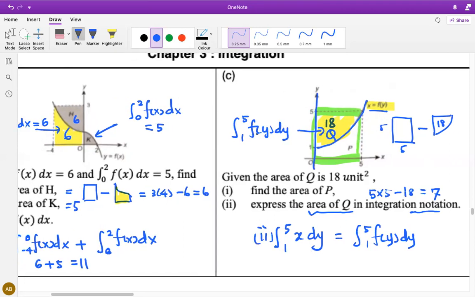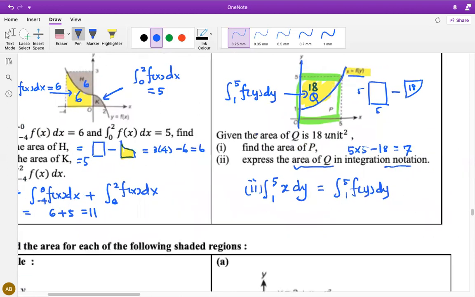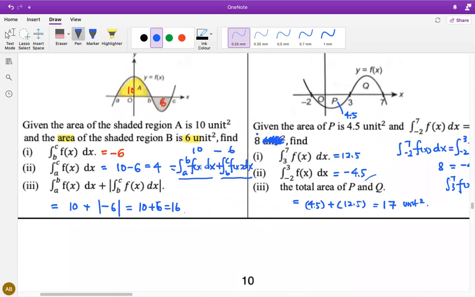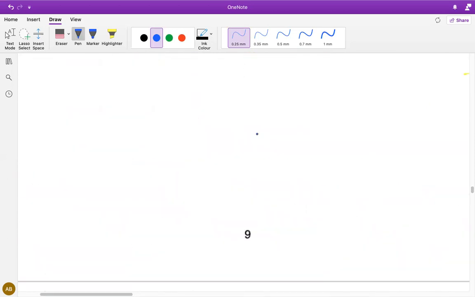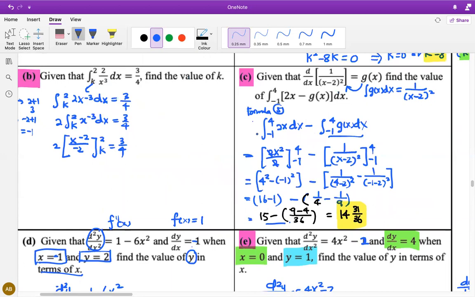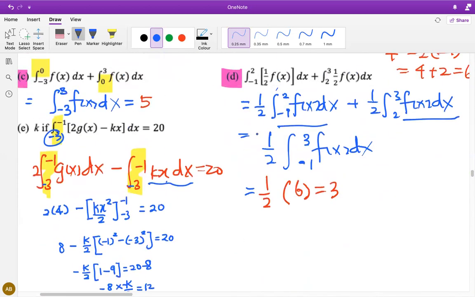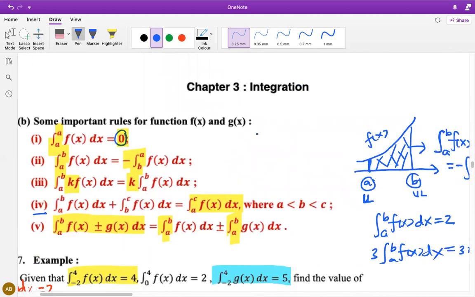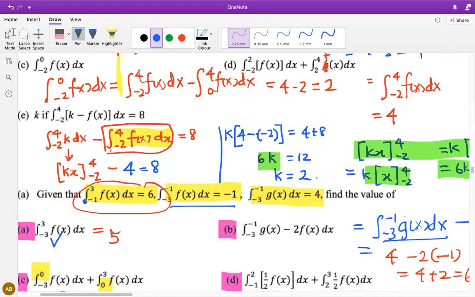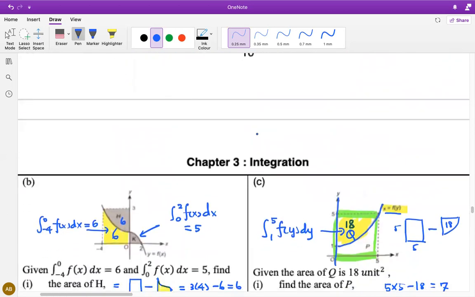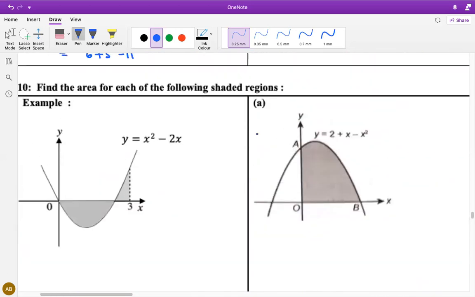That is C. Okay, so this is actually using the knowledge you have learned previous week, right? This is actually the rule of the function f(x) dx, but now it is transformed into area. Okay, so now we go to the next one.